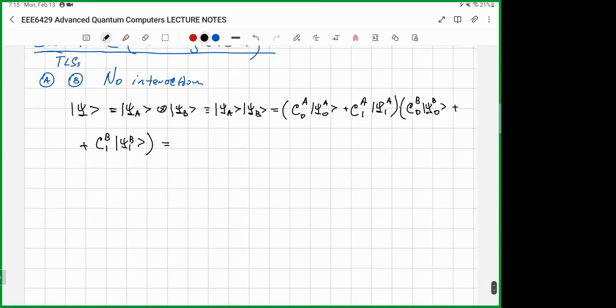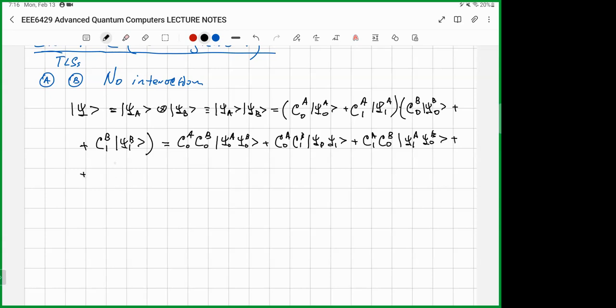Now when I expand the brackets, I will get four coefficients: C0A C0B with psi 0A psi 0B, plus C0A C1B with psi 0A psi 1B, plus C1A C0B with psi 1A psi 0B, and finally plus C1A C1B with psi 1A psi 1B.